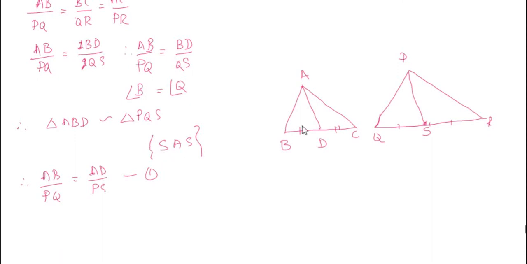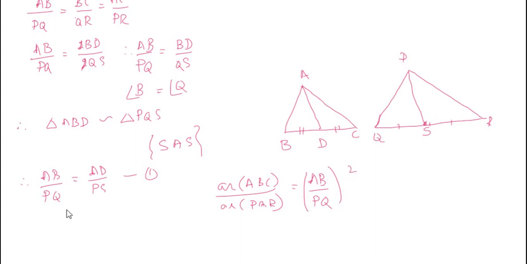Now in these two triangles, the ratio of their areas, that is area ABC by area PQR, equal to square of the ratio of the corresponding sides. Let us take only AB and PQ. So AB divided by PQ whole square.